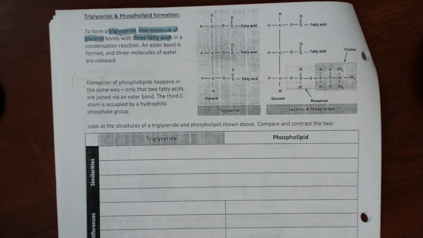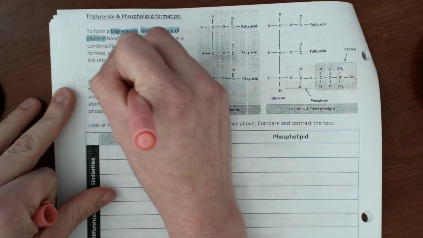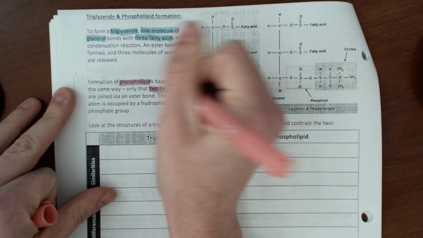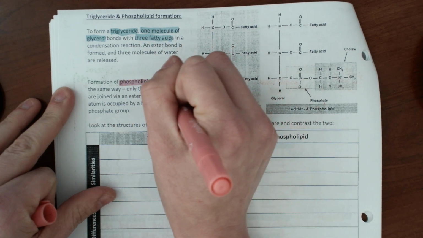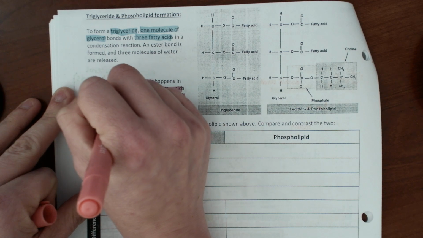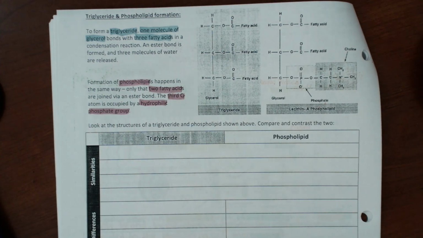And then to form your phospholipid, you have 2 fatty acids, and then the third is a hydrophilic phosphate group. And they're joined via an ester bond through a condensation reaction.